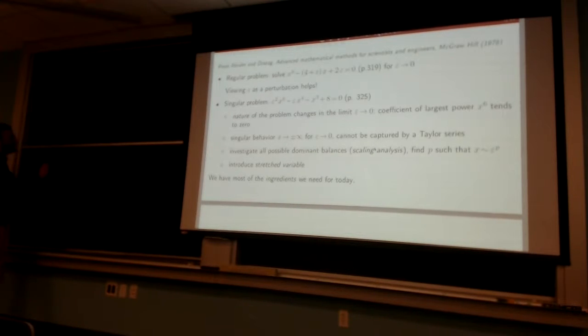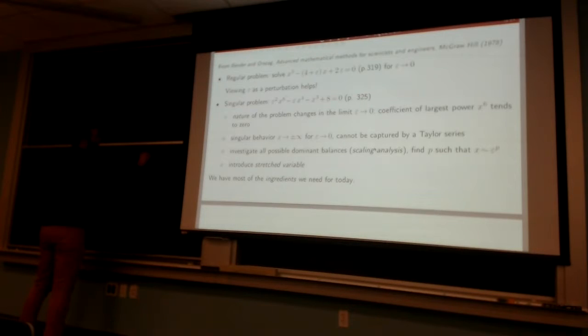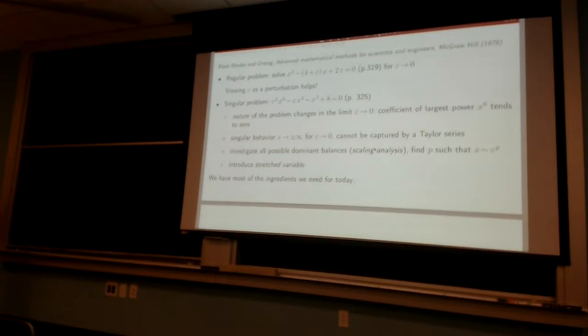So I'm going to define a rescaled variable, it's called a stretch variable, where the idea is that this one stays bounded, because we factor out the divergence that we know. So the idea is to introduce this new stretch variable and now write the problem in terms of x bar.